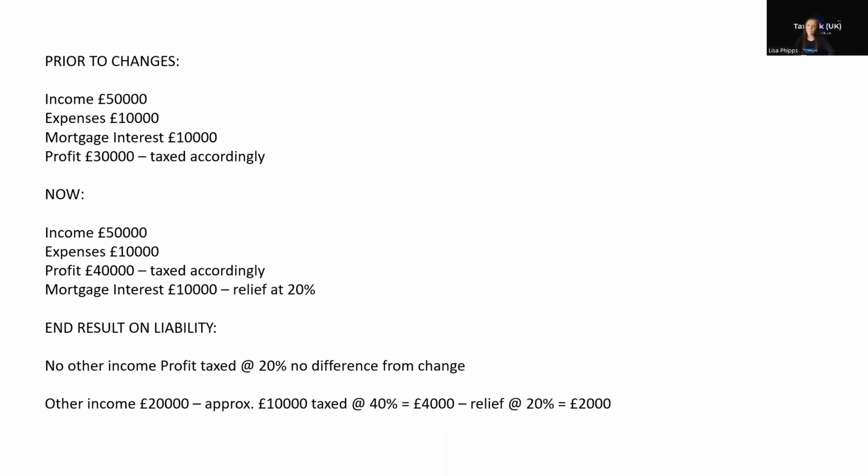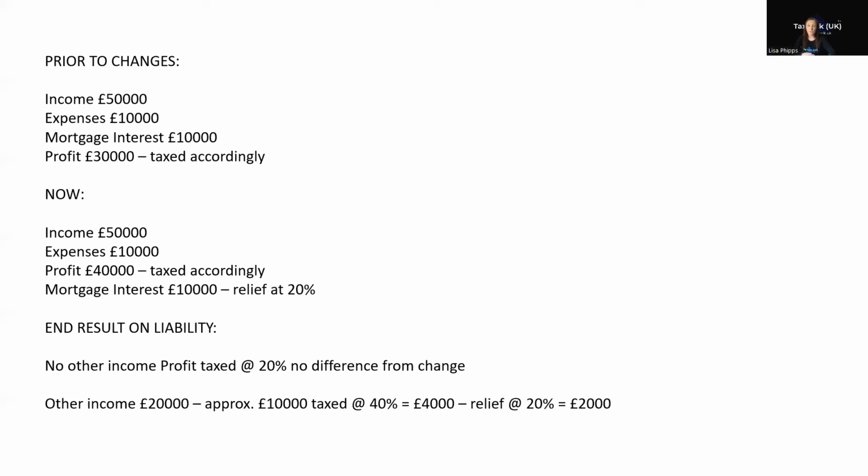So the difference comes in where you're either already a high rate taxpayer or your rental income pushes you into high rate tax. So let's say, for example, that you've got £20,000 of other income. Now if we add that £20,000 to the £40,000 that we had as profit prior to taking into account the mortgage interest, approximately £10,000 of that is going to be high rate tax.